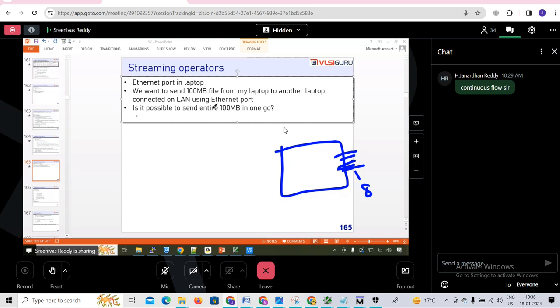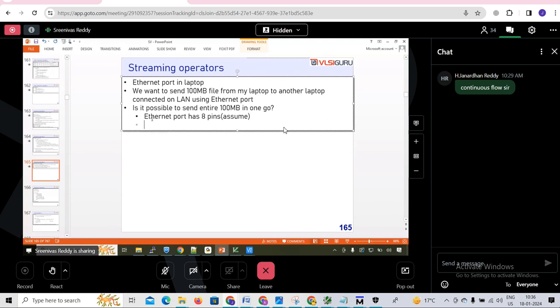So the Ethernet port has 8 pins, assume. It can carry 8 bits in one cycle.